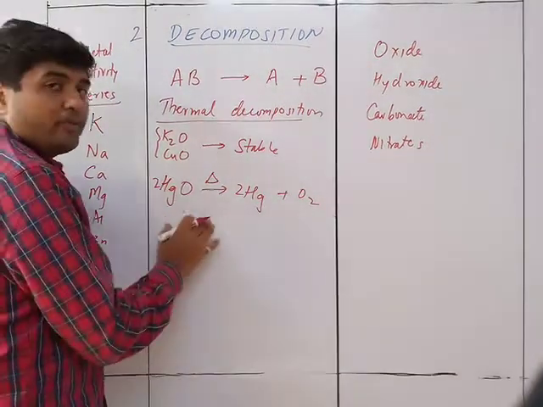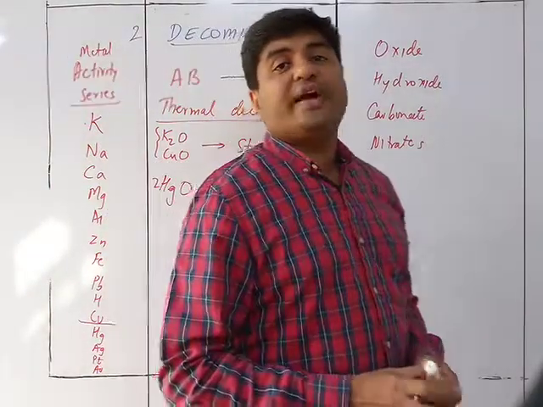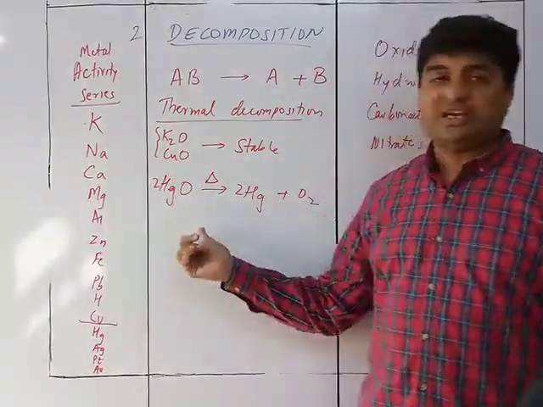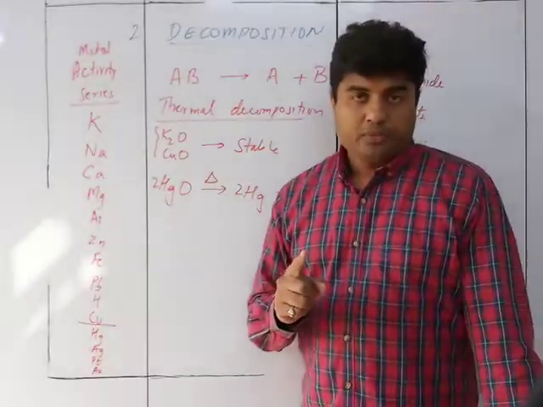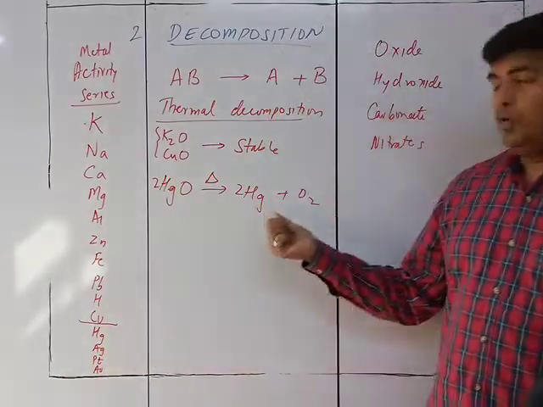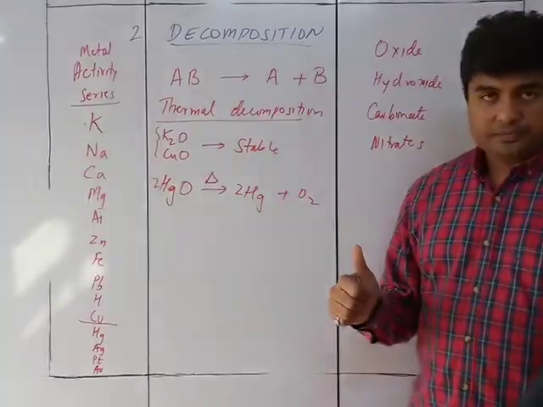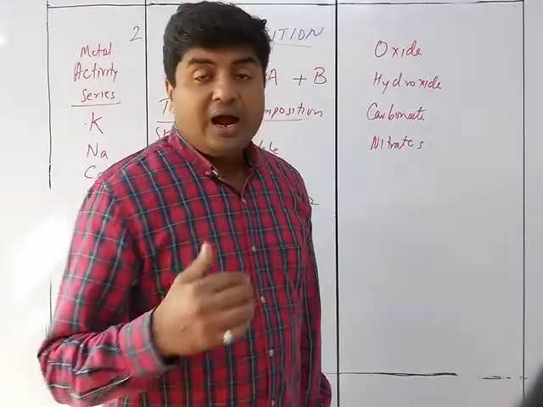If it is forming an oxide, then the oxide of Hg, that is mercuric oxide, is going to form mercury plus oxygen. So oxides of mercury will give you metal plus oxygen. First thing.